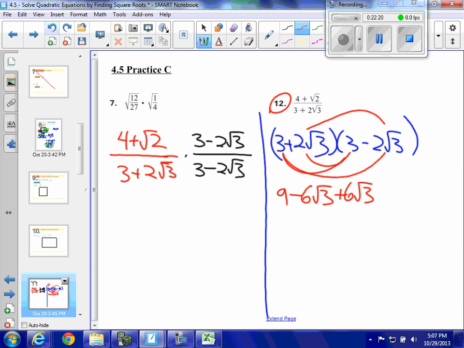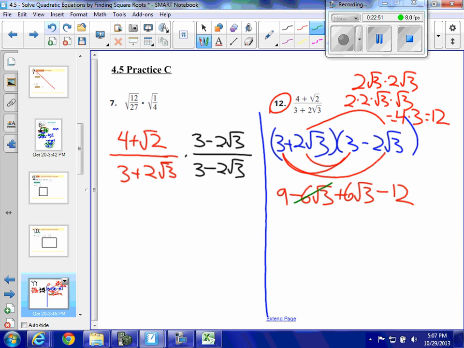And last is 2 radical 3 times 2 radical 3. Well, let's do that up here a little bit. 2 radical 3 times 2 radical 3 is 2 times 2 times radical 3 times radical 3, which is equal to 4 times 3, which is equal to 12. So that's going to be minus 12.